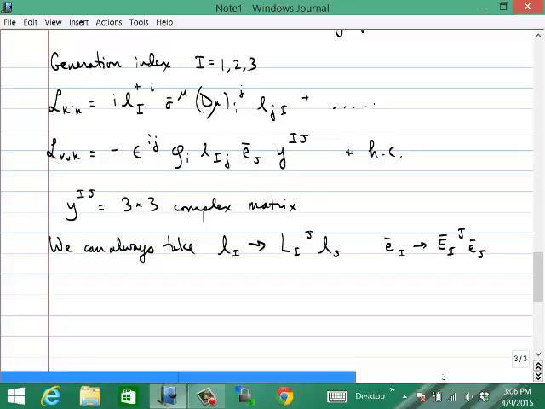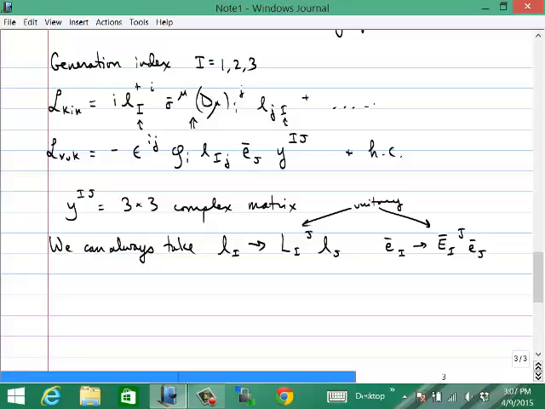And what happens when you do that? Well, if you choose L and E to be unitary, then the kinetic term that you're writing up here is invariant. So if you think about that, if you act on this guy with the unitary matrix, and then this guy with a unitary matrix, when you take the adjoint, you get U dagger times U, or I guess I called it L dagger times L. Those things cancel.